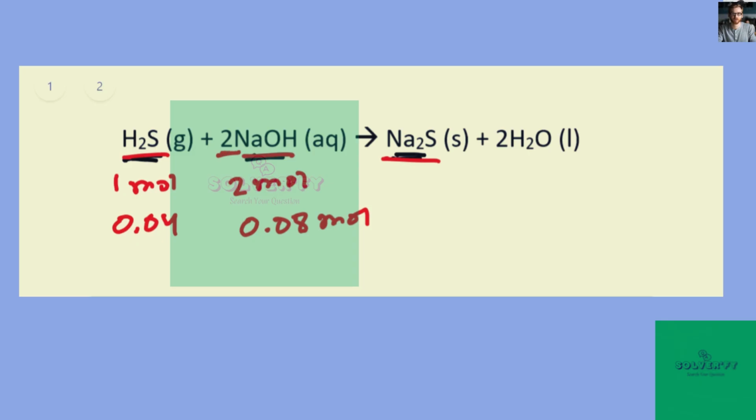So from here you can see that 2 mole of sodium hydroxide will produce 1 mole of sodium sulfide.